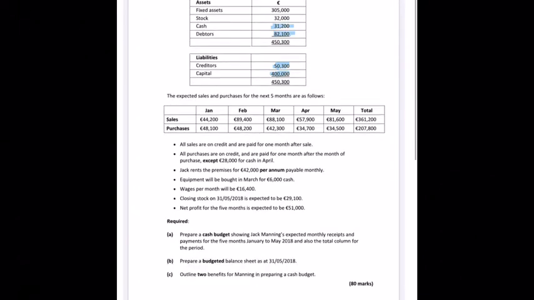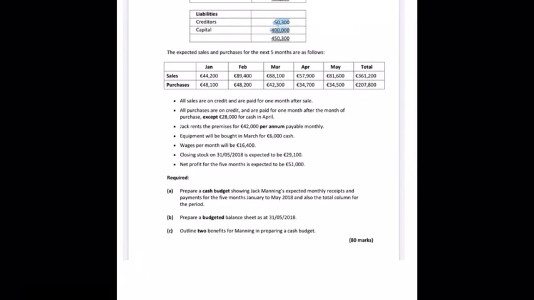Then it says the expected sales and purchases for the next 5 months are. It gives us a figure for January of 44,200. This is for sales. February 89,400, March 88,100, April 57,900, May 81,600, and that gives us a total of €361,200.